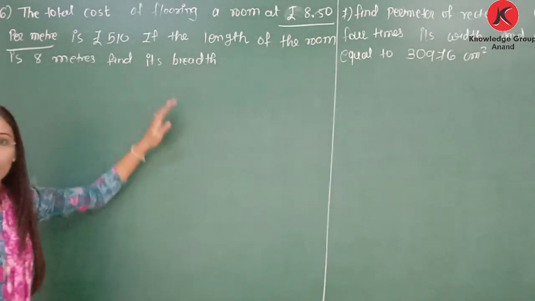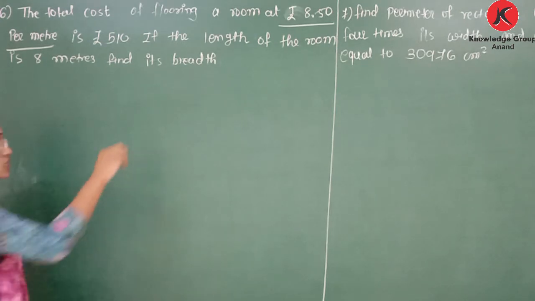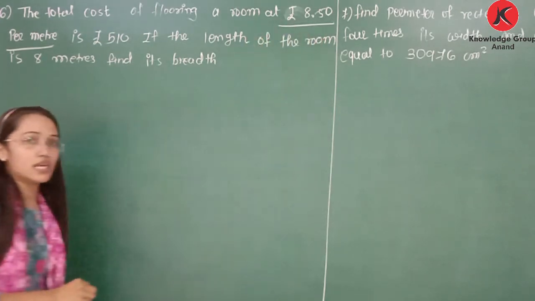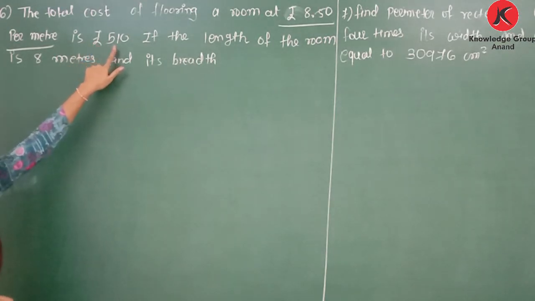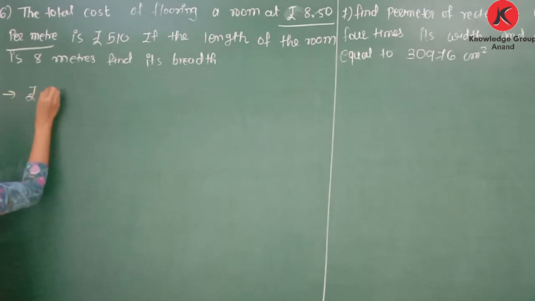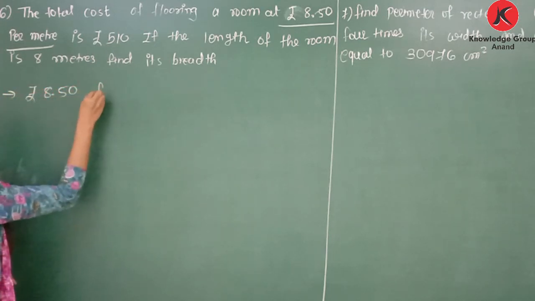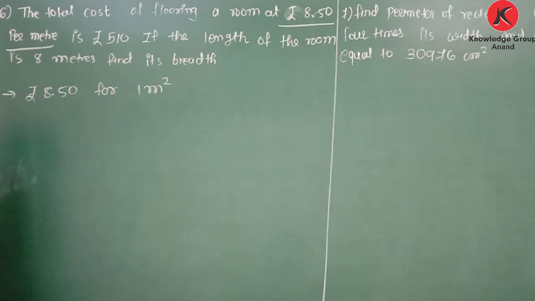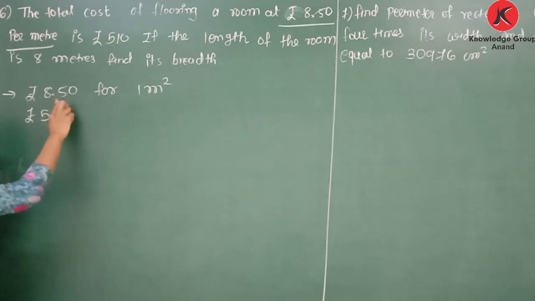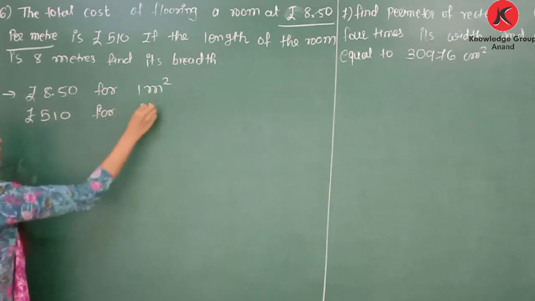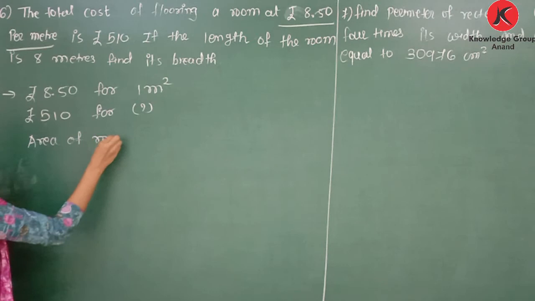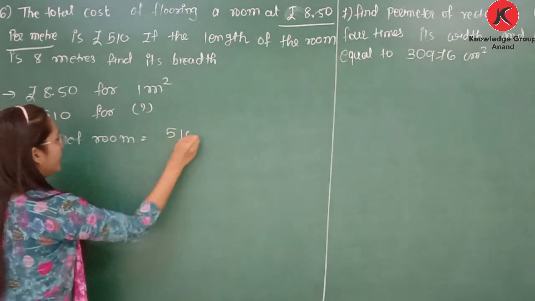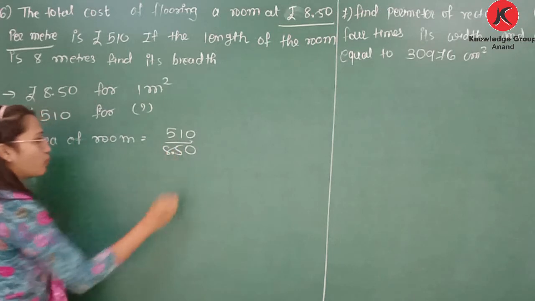So first of all we need to find the area of the room. From this statement, the cost for 1 meter square is 8.50. So what will be the area of the room for rupees 510? Rupees 8.50 is for 1 meter square, and rupees 510 is the total cost. So the area of the room is 510 divided by 8.50.